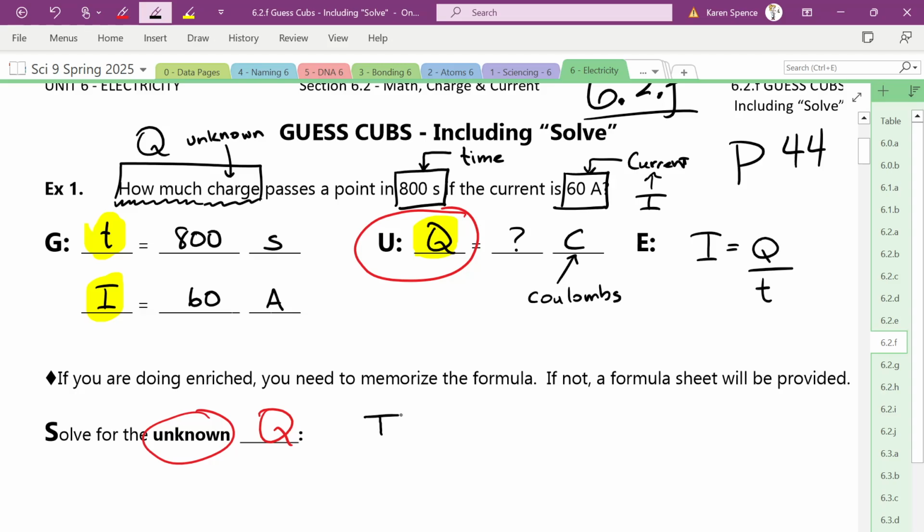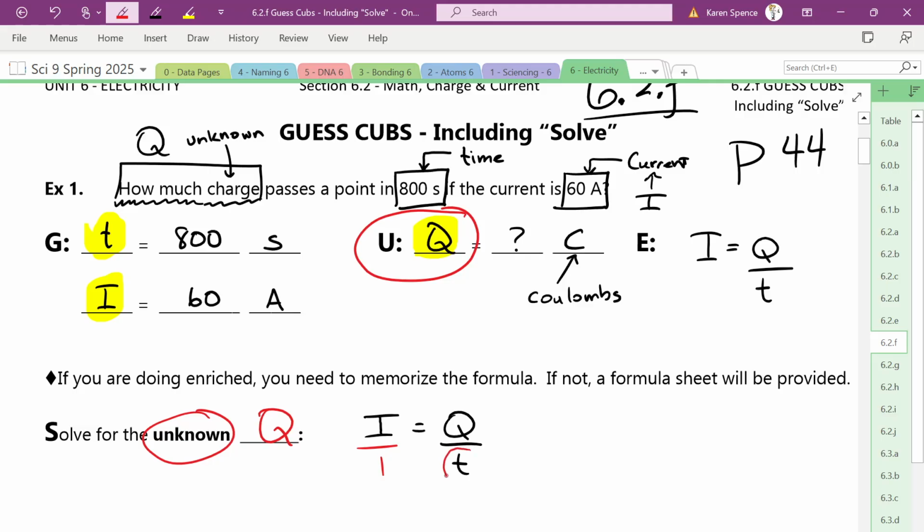So I'm starting with I equals Q over T. I'm going to put the I over 1. And then I want Q on the top. Q is on the top. Good. I want Q by itself.